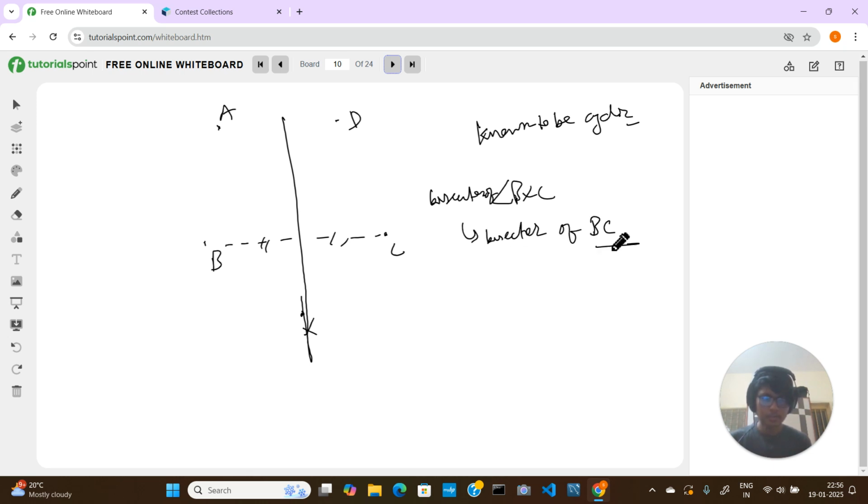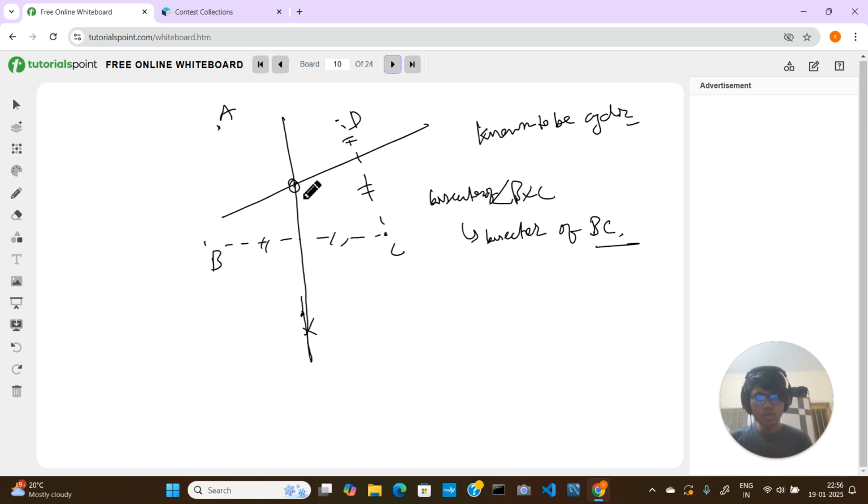Bisector of BC. Now, there is nothing special about BC. Similarly, we can construct the side bisector of CD also, right? The way in which we constructed the side bisector of BC, in the same manner we can construct the side bisector of the other sides too.